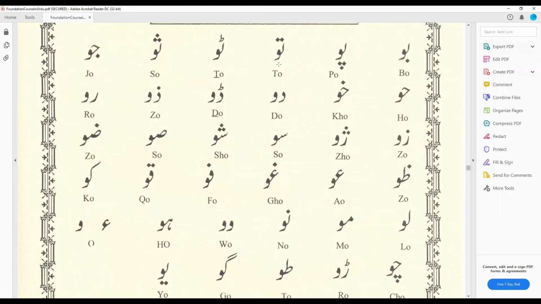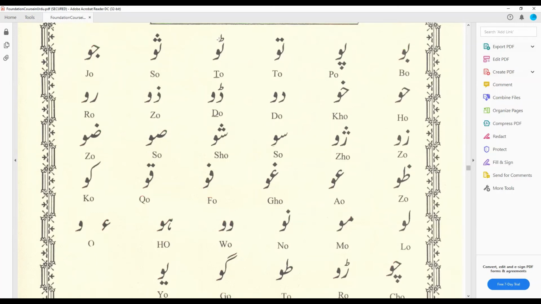To, tum, tumhara, tume, like this. But when you use this te, it's tuta, toot gaya, a hard te. This te is just a light and simple sound, and this is a hard sound.